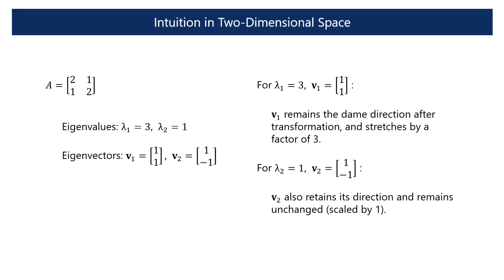As to the pair of v2 and lambda 2, the vector v2 also retains its direction and remains unchanged, that is, scaled by 1. Thus, eigenvectors indicate axes that do not change direction before and after transformation, while the eigenvalues determine the amount of stretching or shrinking along those axes.